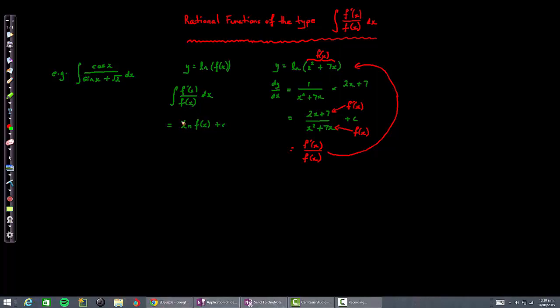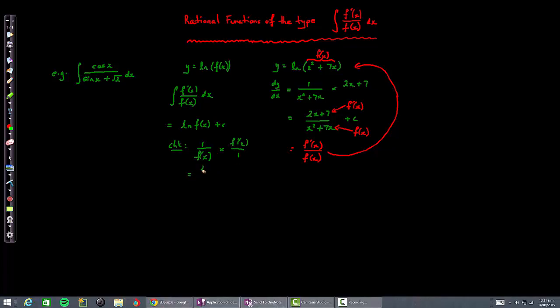Because if we derive this answer, so let's check again, we're going to get 1 over f x, because that's what you get when you derive the natural log part, and because of the chain rule, times the derivative of this part, which gives us f dash x.